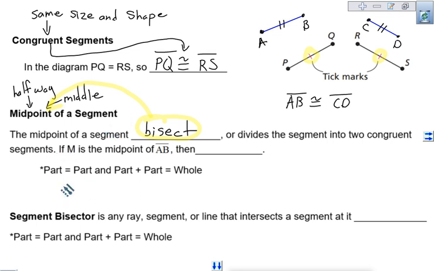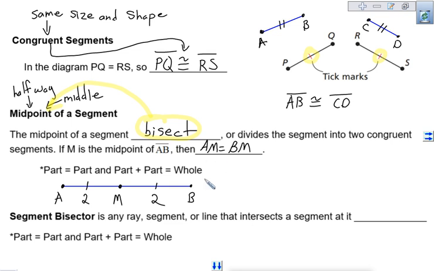So our example for this is that if M is the midpoint of segment AB, so we have a segment, endpoints are A and B, and M is right smack dab in the middle, it means we know that these two parts are congruent. So let's say that they are 2 and 2. That tells us that the length of AM equals the length of BM.